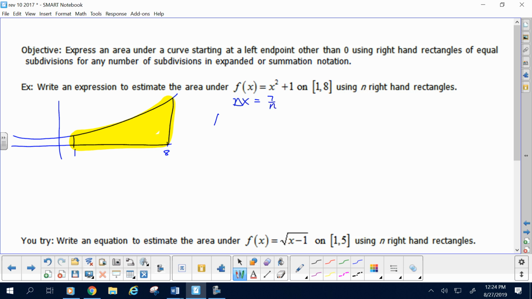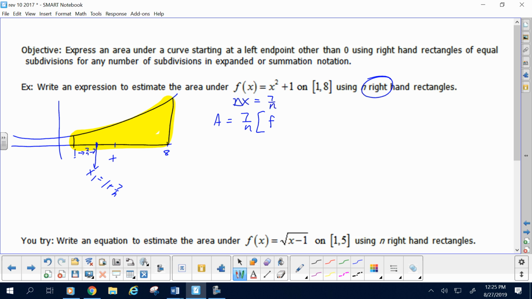So the area is the base of 7 over n times the heights at who knows where. We're using right-hand rectangles. And so when we start at 1 and travel a 7 over n over, what x does that put me at? x1 is 1 plus 7 over n.